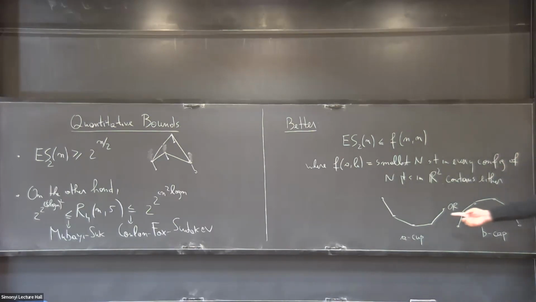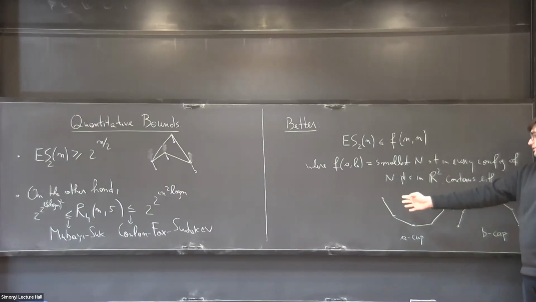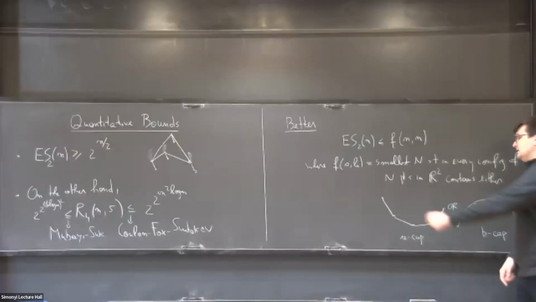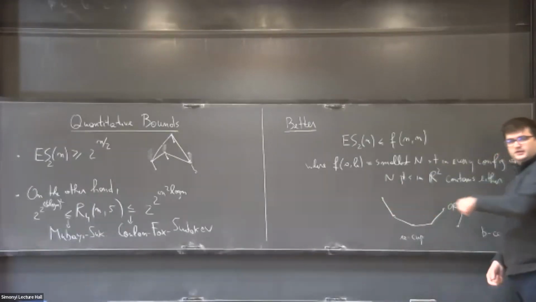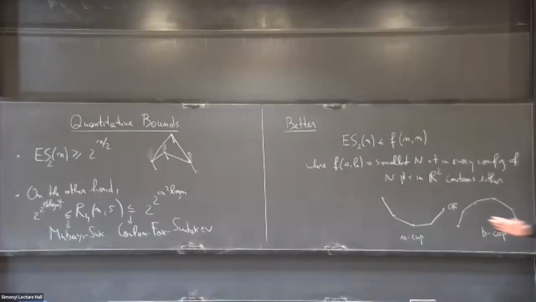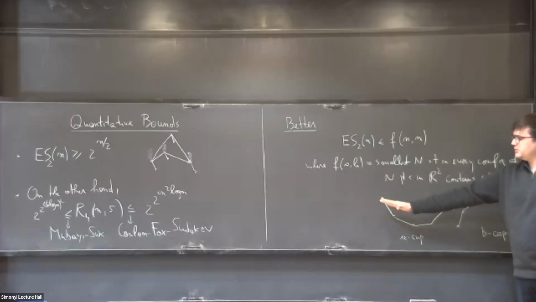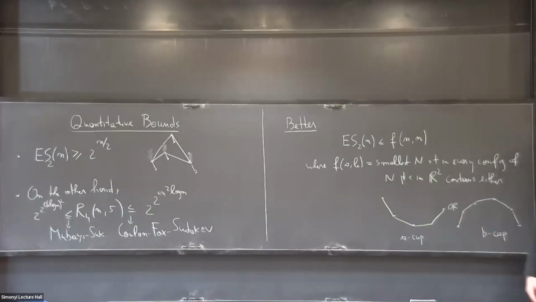An A cup is a set in convex position where if you order the points from left to right after the x coordinate, the slopes of the consecutive segments are increasing from left to right. Or equivalently, any line you draw passing through 2 points, the picture is all above. Same here, the slopes are decreasing from left to right, and that's a B cap.